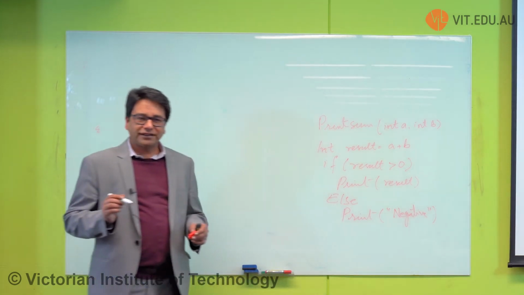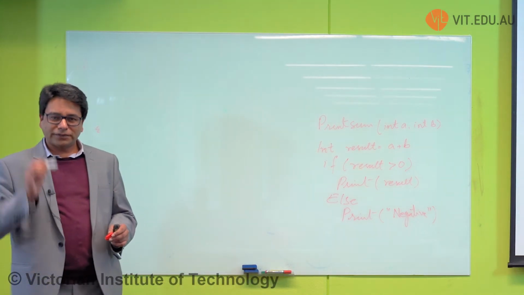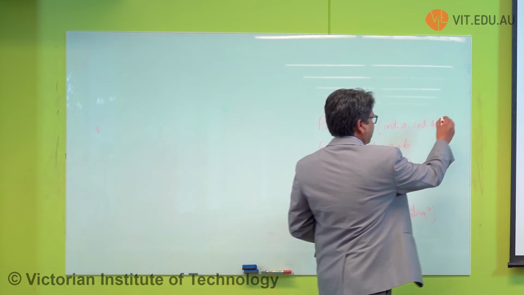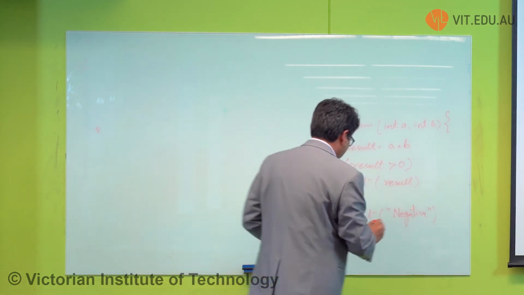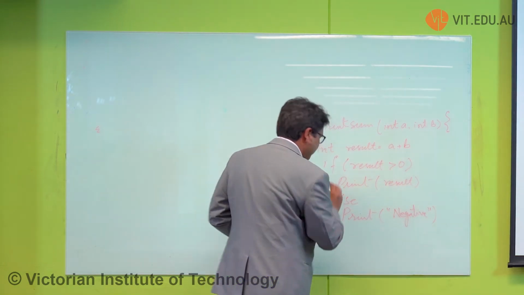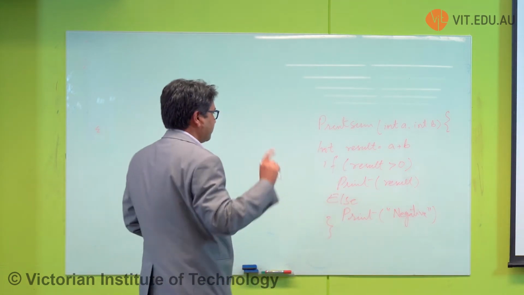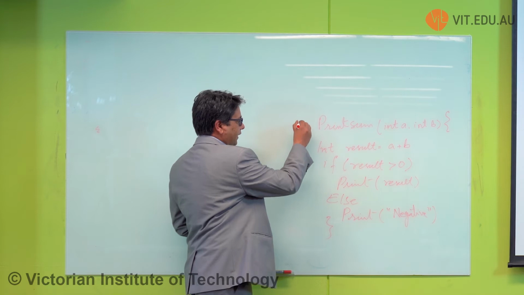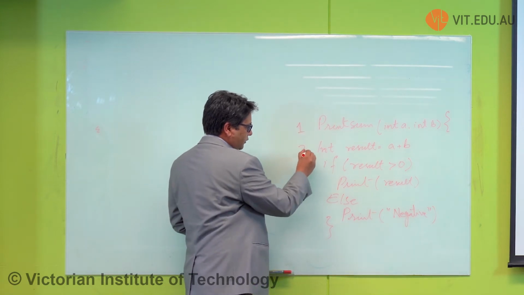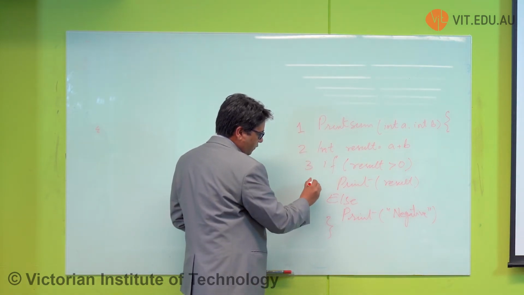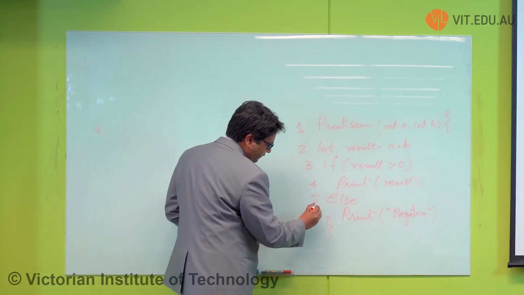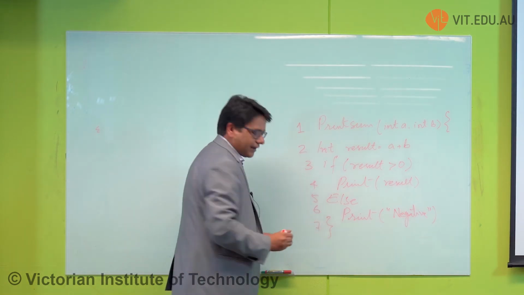Now don't forget the brackets. Start of the program, end of the program. There is a reason for those curly brackets. I'll discuss it in a while. So we start numbering the lines of the code. 1, 2, 3, 4, 5, 6, and 7.